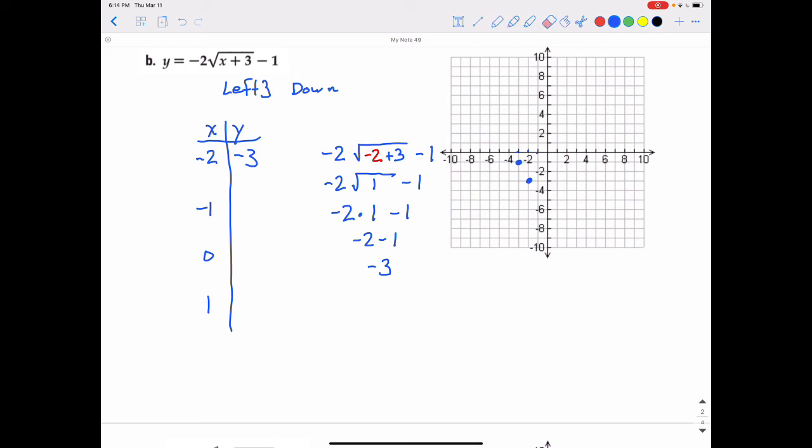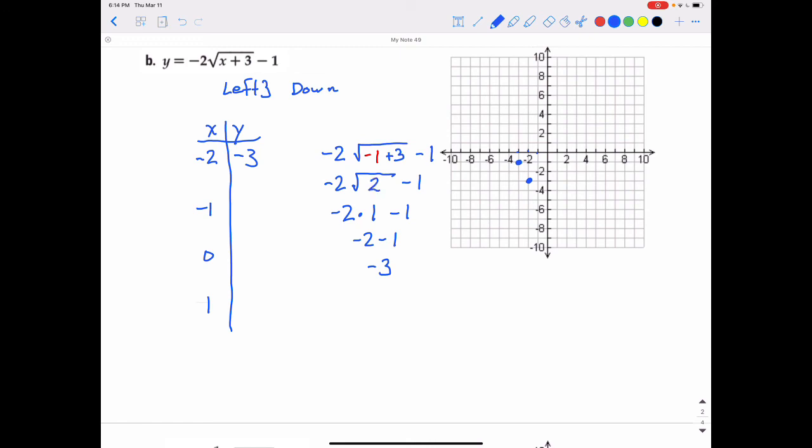And then we'll do it again. This time we'll replace x with -1, and then do the process again. So when we replace it with -1, notice what happens. The -2 and the -1 that start the problem are going to be exactly the same. But we'll have -1 plus 3. When we add those, we get 2.